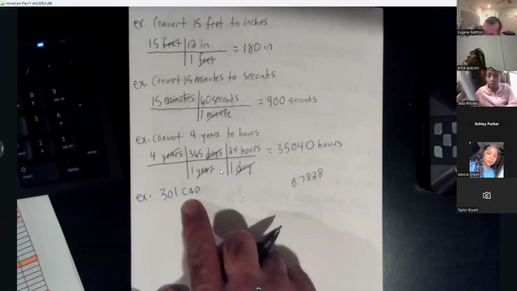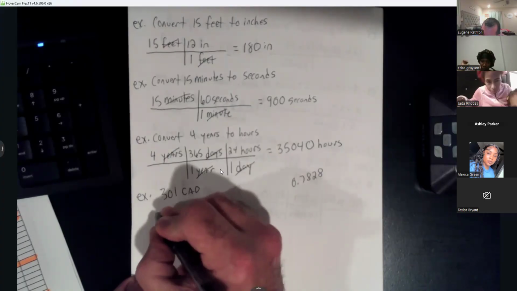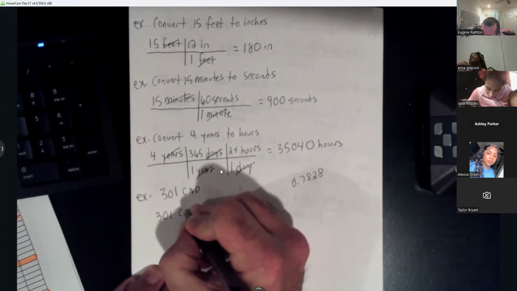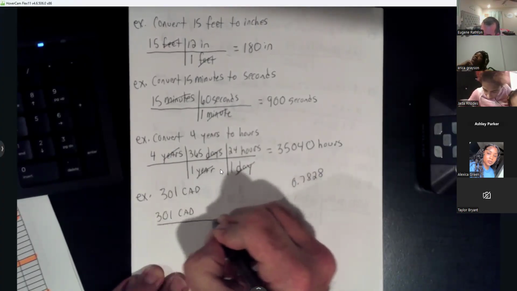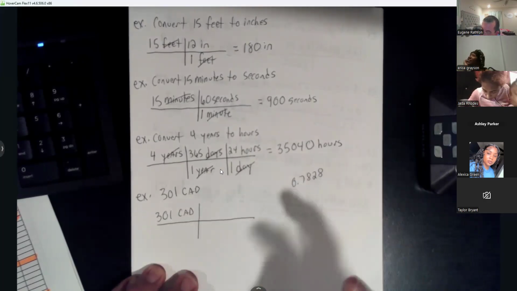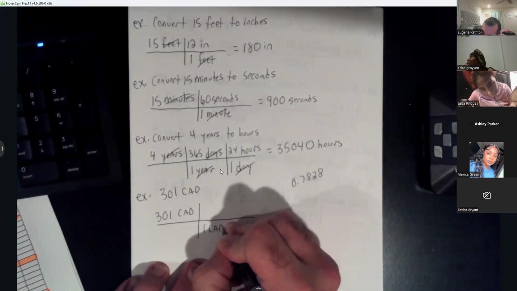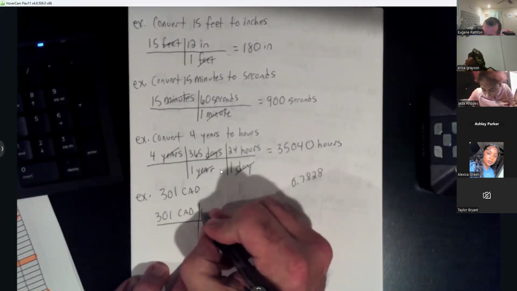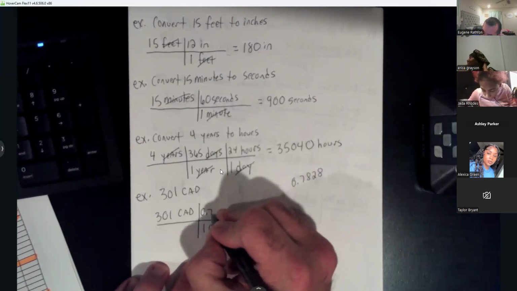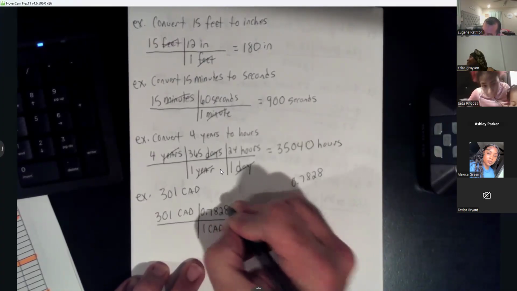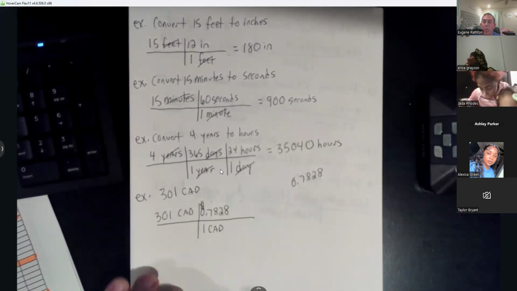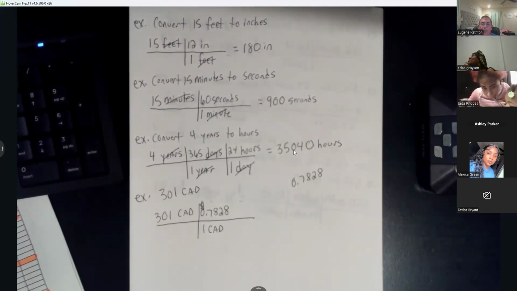All right, so you're starting with 301 Canadian dollars. So for every Canadian dollar, 1 Canadian dollar was 0.7828 US dollars. So now I'm getting that off that table they gave me.